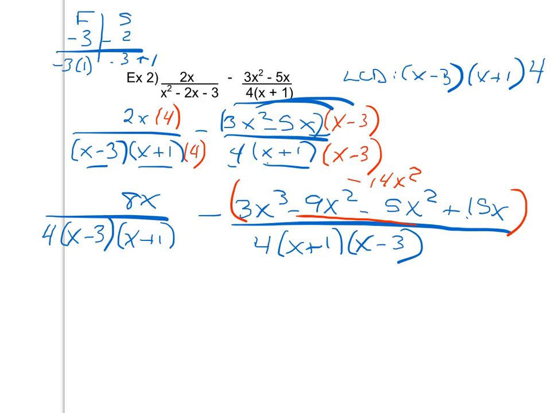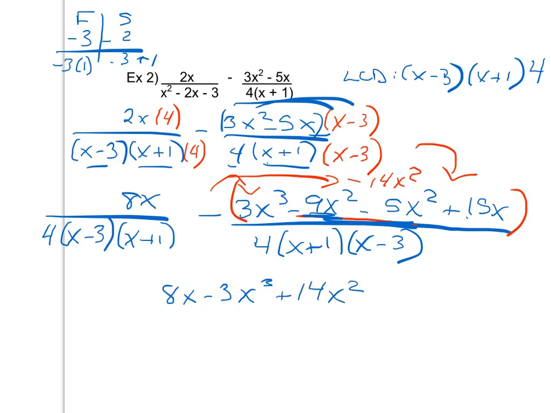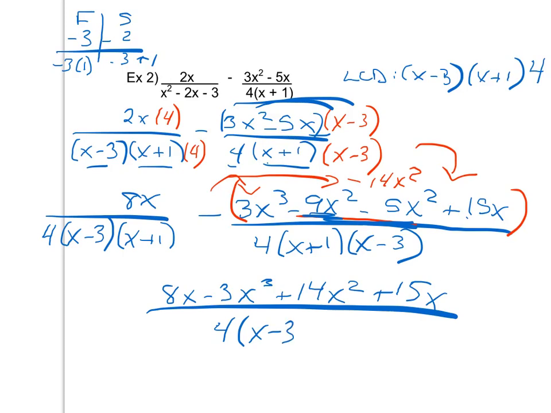And then I'm going to distribute that minus into everything when I combine my two rational functions with the common denominator. And that's going to give me 8x minus 3x cubed. Remember, I combined these to get minus 14x squared, so when I distribute the minus I get plus 14x squared. And then plus 15x all over 4 times x minus 3 times x plus 1.